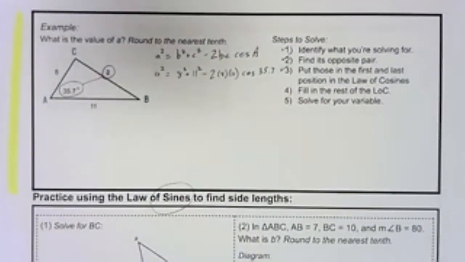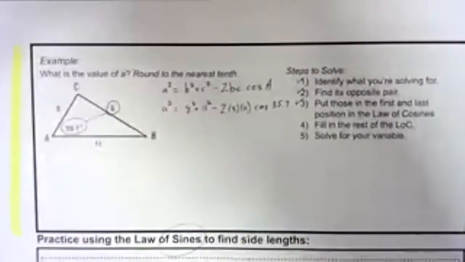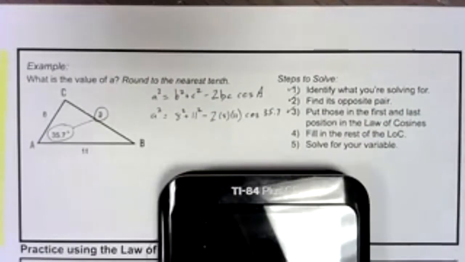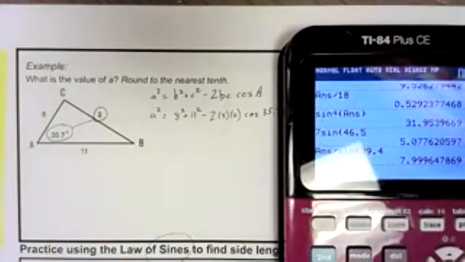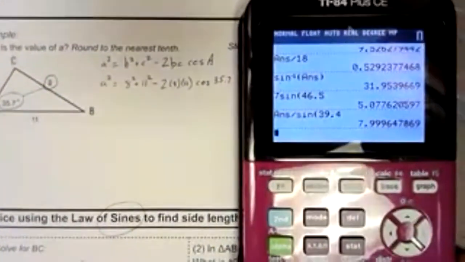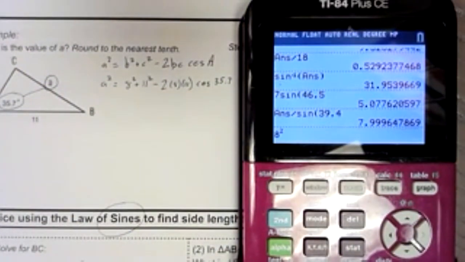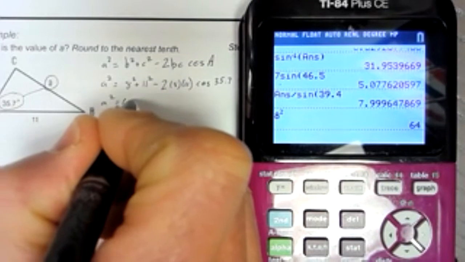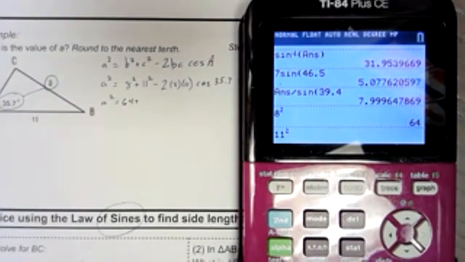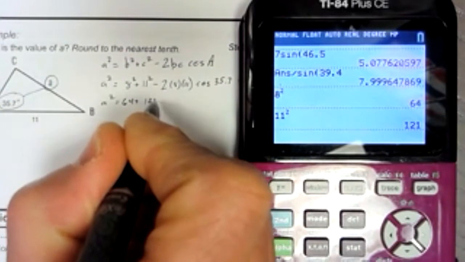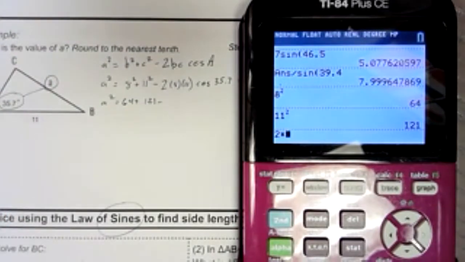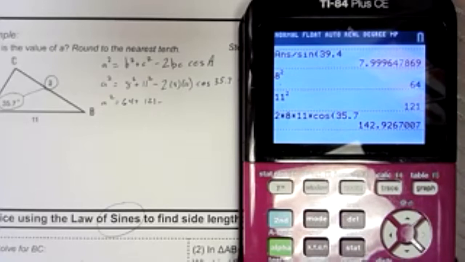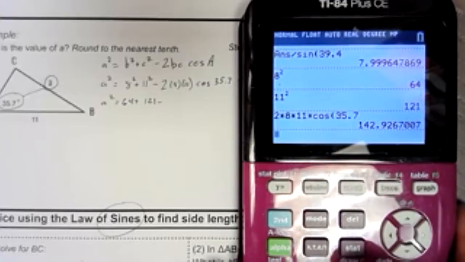Okay, now what we have to do is carefully calculate the value for A squared. So let's go ahead and use our calculator. All right, so I'm going to start out: 8 squared is 64. 11 squared is 121 minus 2 times 8 times 11 times the cosine of 35.7 equals 142.926.